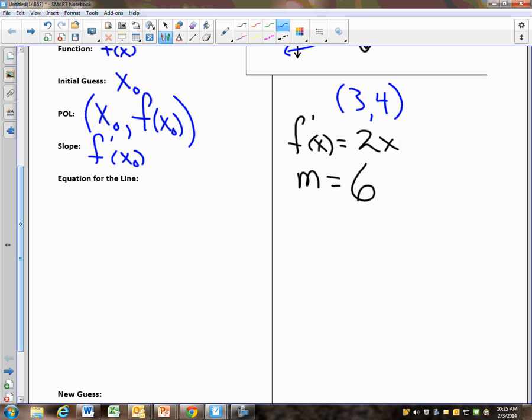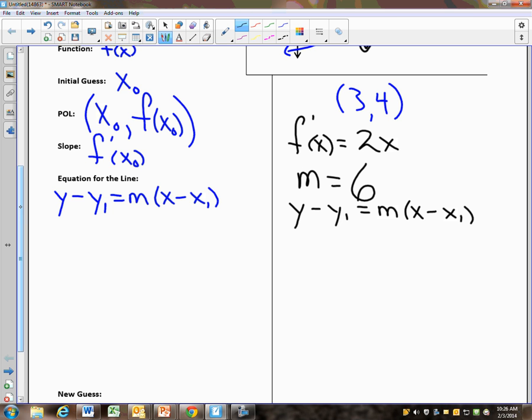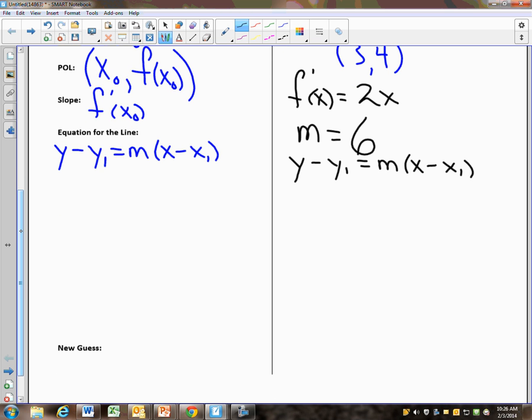Now we're going to use point-slope form: y minus y1 equals m times x minus x1. We're going to work with the right side first, and then we'll do the algebraic representation. We want to write an equation for a line, but what part of that line are we looking for?